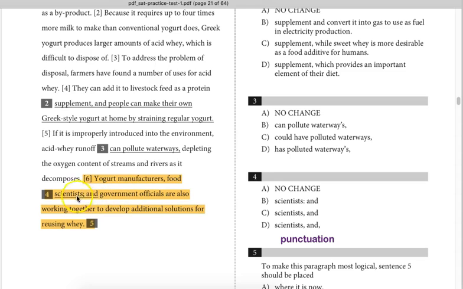So if we look at this, we'll see that yogurt manufacturers, food scientists, and government officials, well, the problem here is obviously, or I should say not so obviously, the semicolon shouldn't be here. This should be a comma because it is a series, a list, you see? And whenever there's a list, you want to have commas that separate this list of nouns or items, manufacturers, food scientists, comma, and government officials.